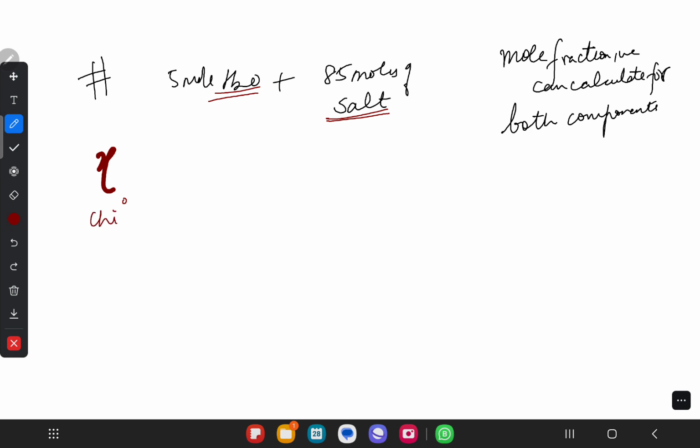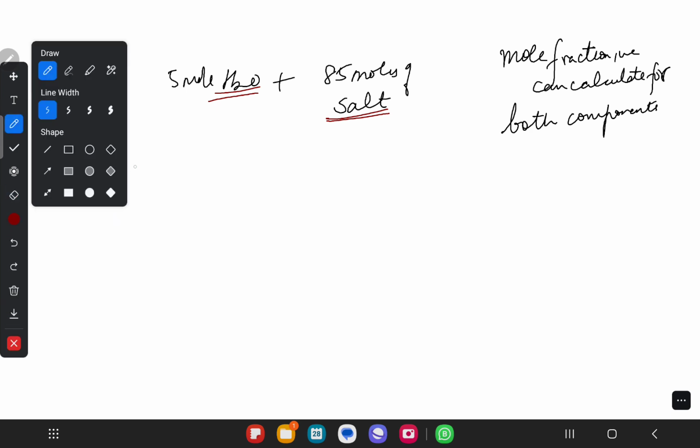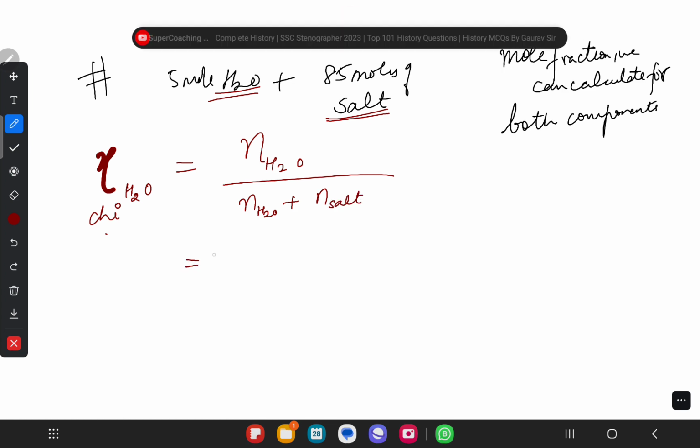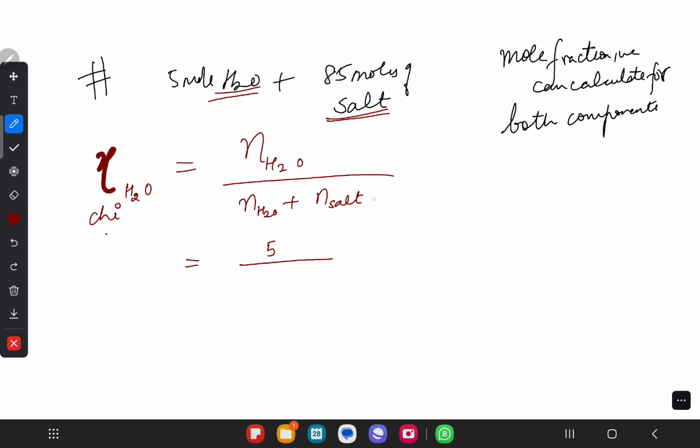So we have the value of chi. And chi of what? Water. So whosoever's chi you're supposed to find, so moles of water upon moles of water plus moles of salt. So moles of water shall be 5 over total. This is basically representing what?